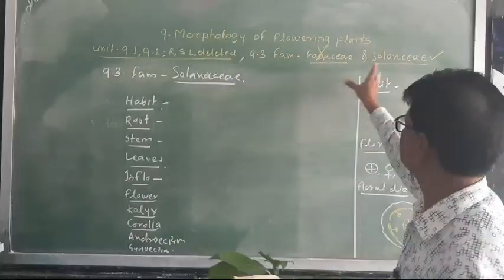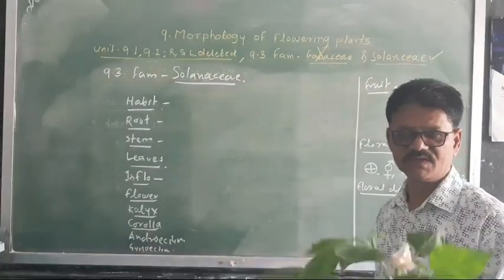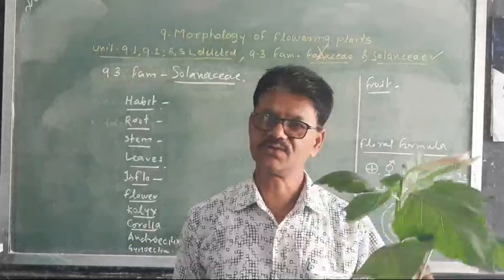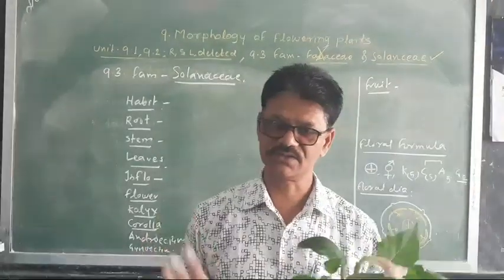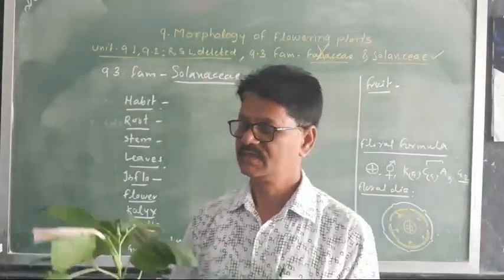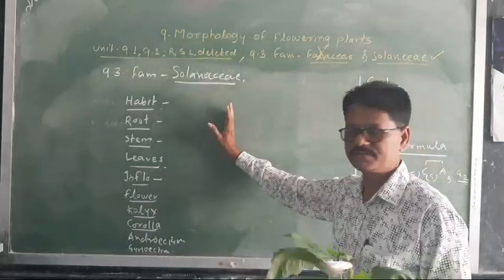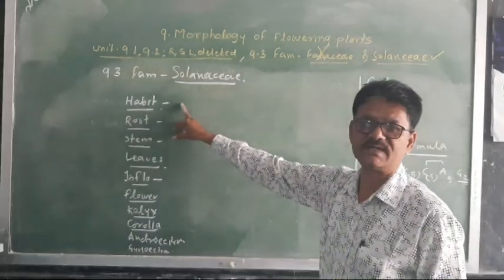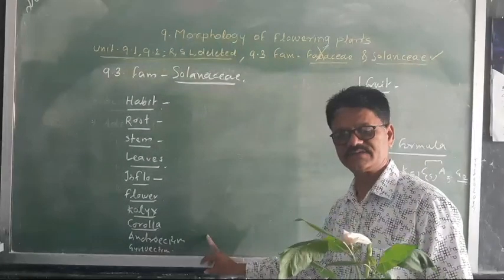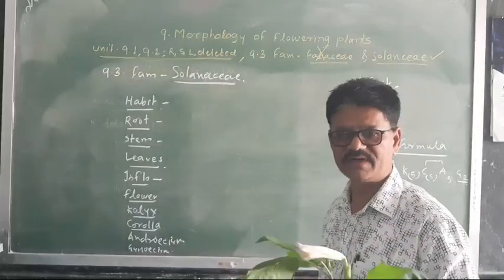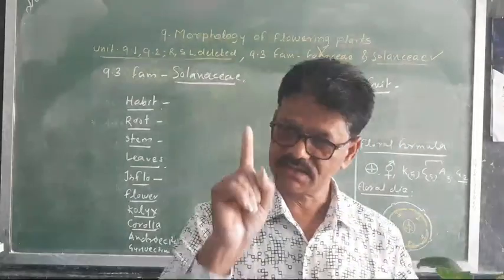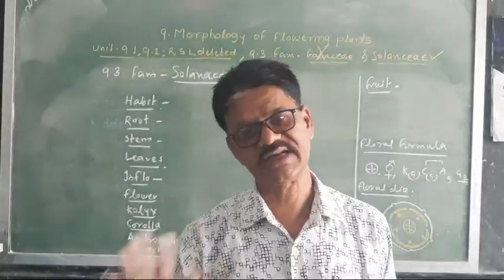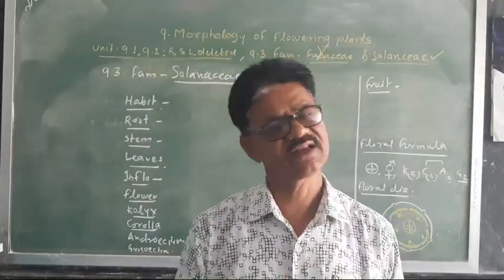And how to study the family? This is the plant in your syllabus. It is given as Datura alba or Datura stramonium. The way of studying is to start the family with habit. Habit means, is it a herb, shrub, tree, climber, epiphyte, like this.